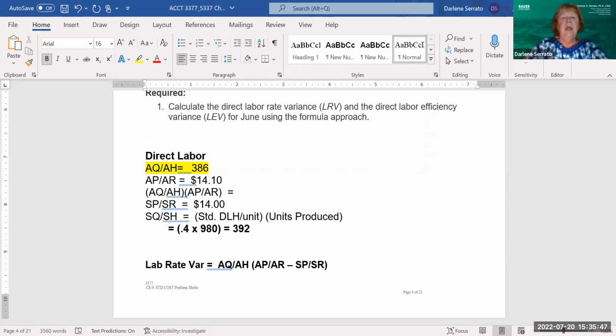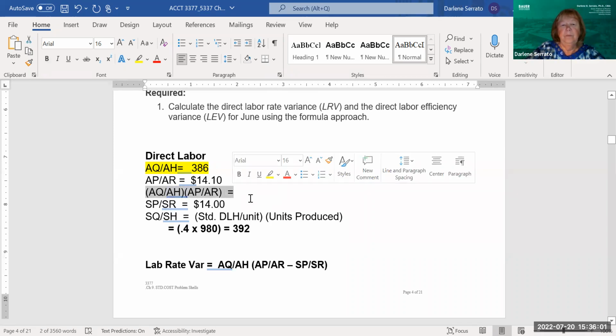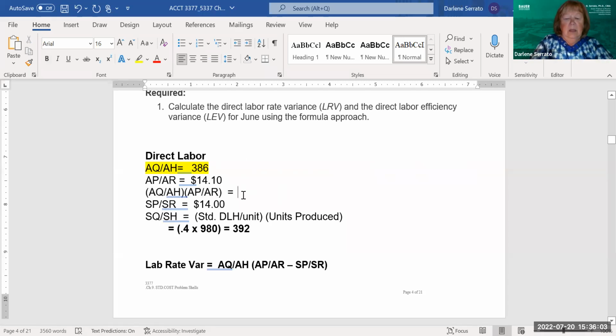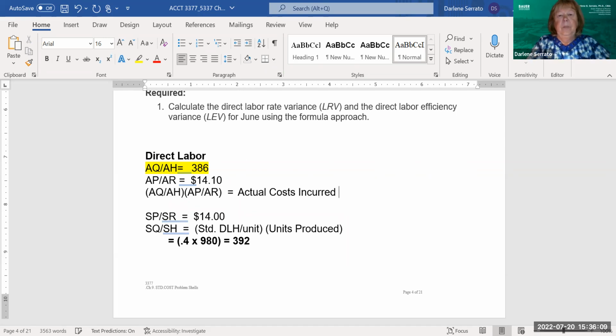Now you will note that in here I have this additional variable. That is actual costs incurred.